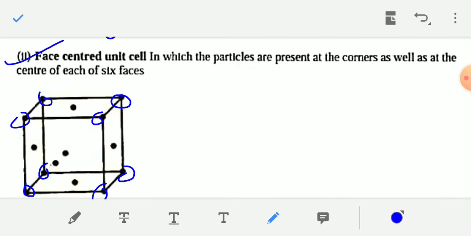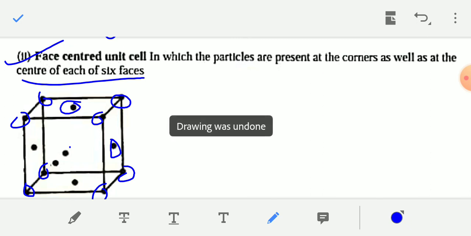Particles are present at the 8 corners as well as at the center of each of the 6 faces, that is at the midpoint of each face. One particle at the midpoint of each of the 6 faces. So in face centered unit cell, particles are present at the corners as well as at the center of each of the 6 faces.